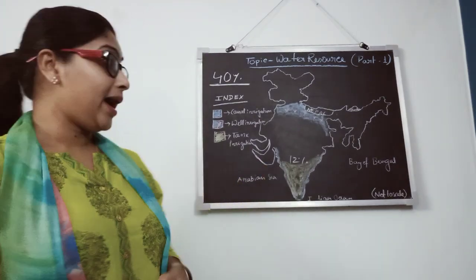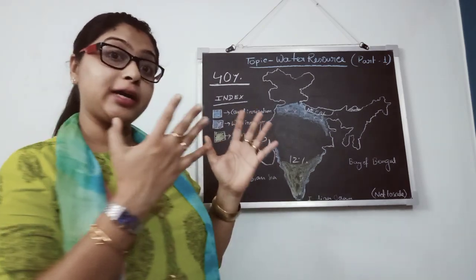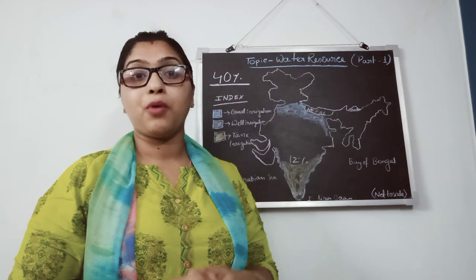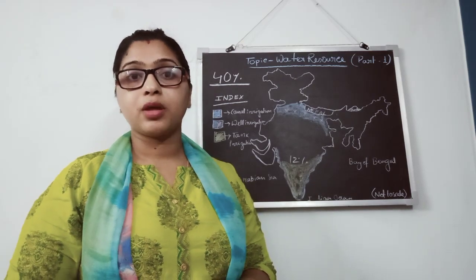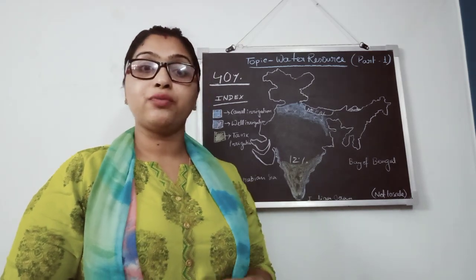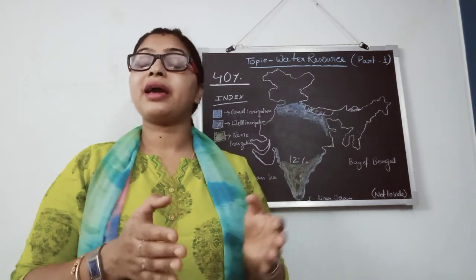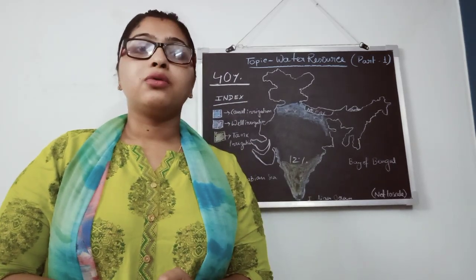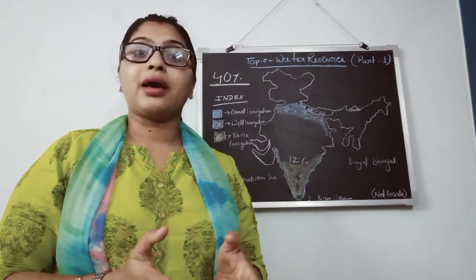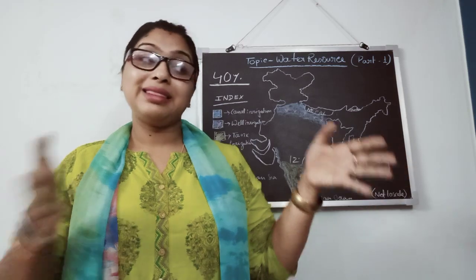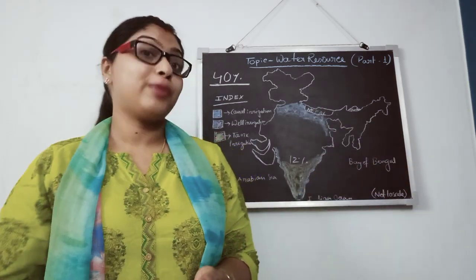Okay, and it is not that costly compared to other modern methods of irrigation. We can easily make it, we can easily access it, but there are some disadvantages in tank irrigation. To construct a tank, we need a large area, and that area could be converted into agricultural land.